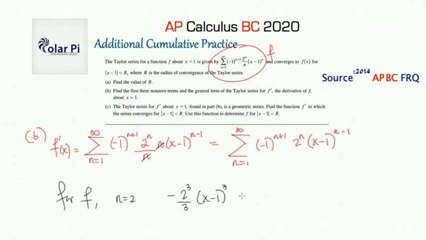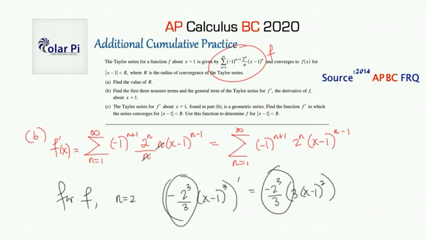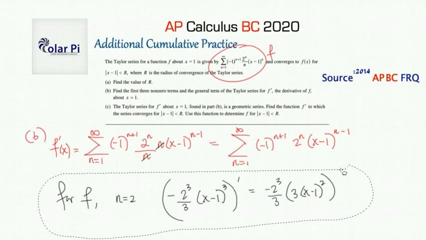You're going to get that the derivative of this is going to be -2 to the third, and then over 3, and then times 3 times x minus 1 to the second. You follow? So like these guys, they weren't touched when we took the derivative of a single term, so that's going to be true for all the other ones, right? Okay. Cool. And so that's why we left them where they're at.